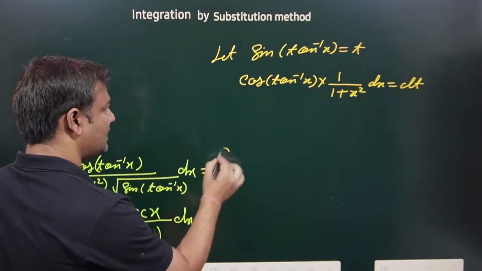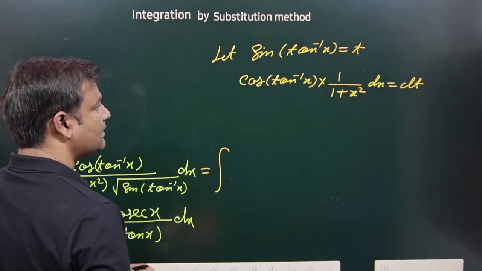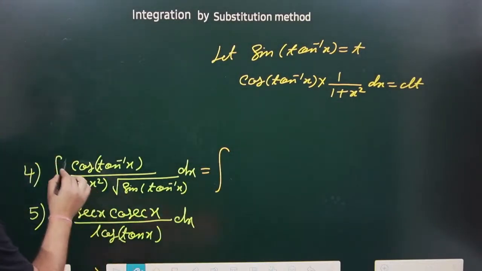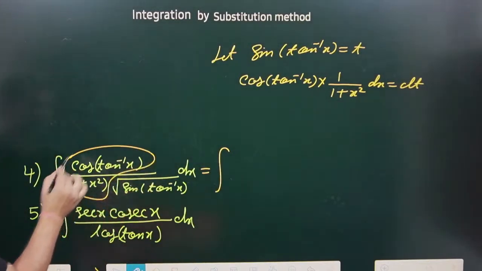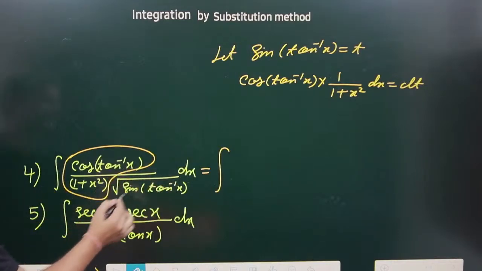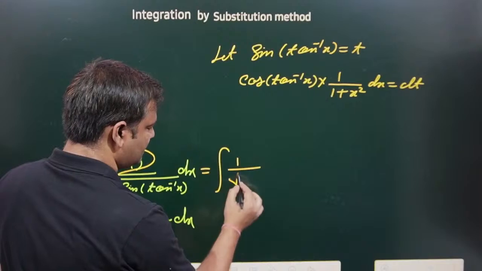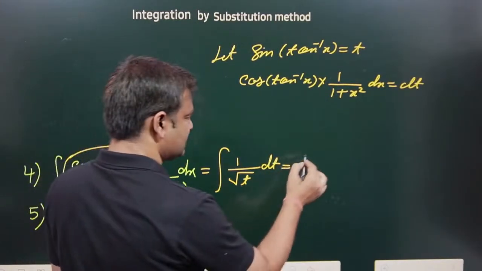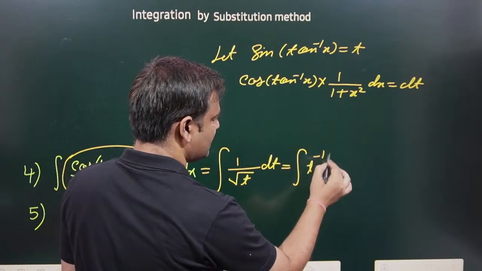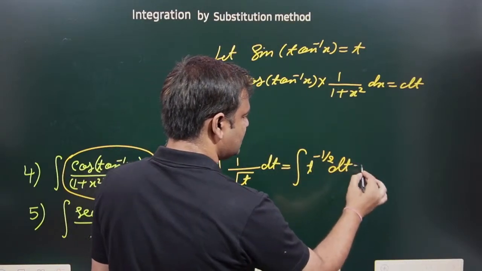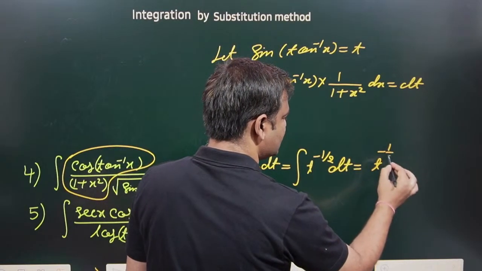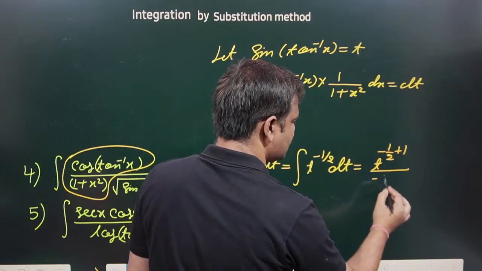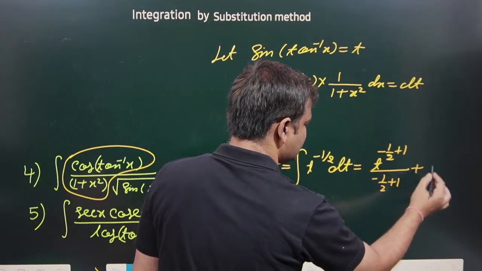So basically that part is written as dt, and that one is under root t dt basically. So you can say t to power minus half dt. So t to power minus half plus 1 upon minus half plus 1 plus c.